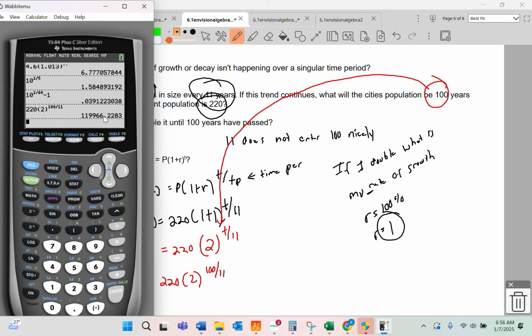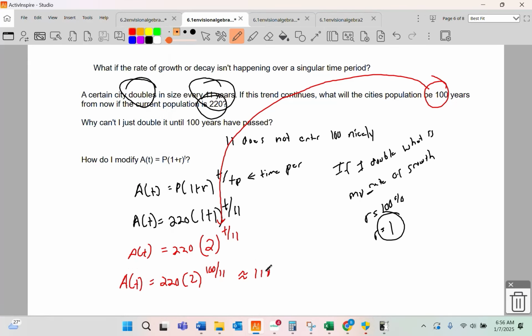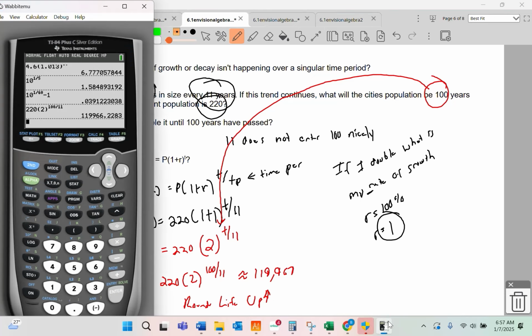Life forms get rounded up. We round life up. We don't say 0.2 on a life form. We round it up to the next whole unit.